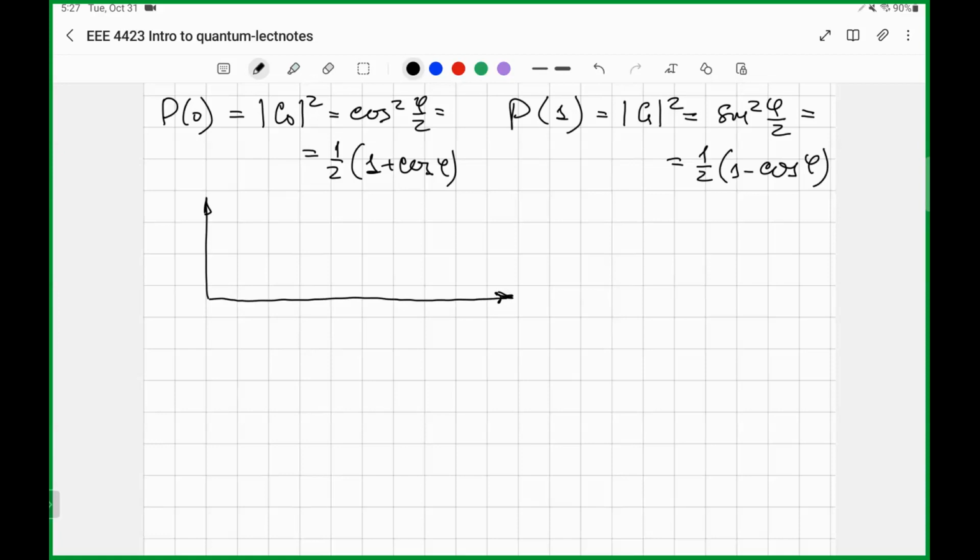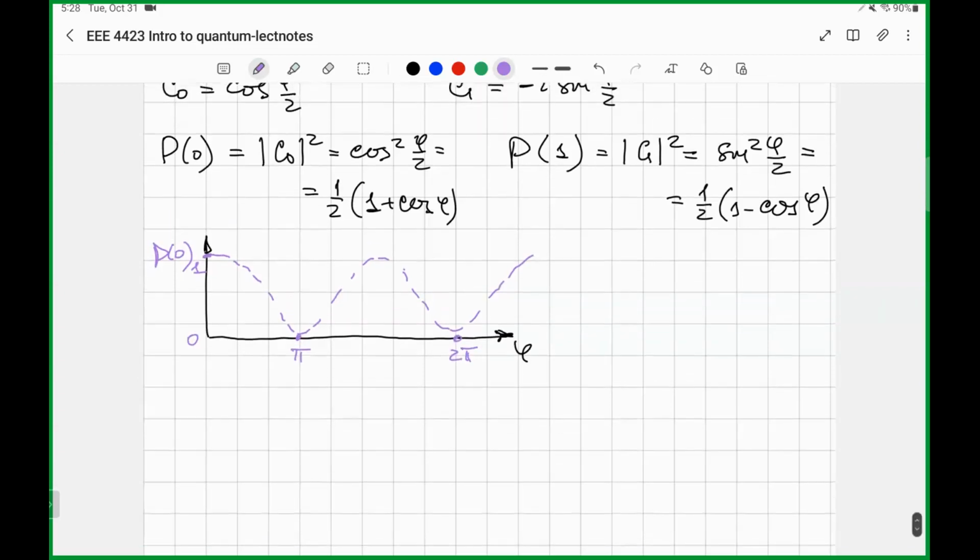And if I plot these probabilities as a function of the phase phi, they would look like this. So it would go down, then up, then down, then up, etc. So this is the probability of finding state 0. 1, 0, and this is going to be pi, 2 pi, etc.